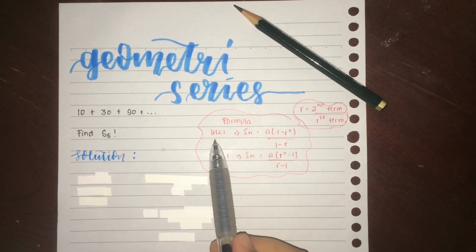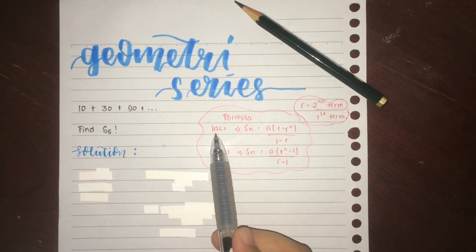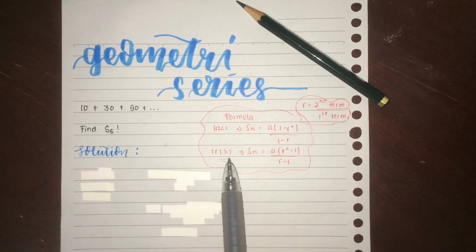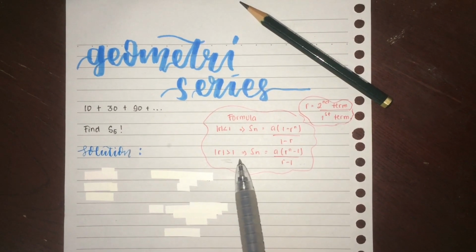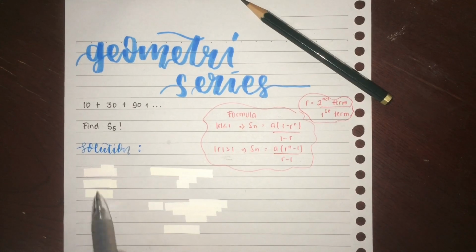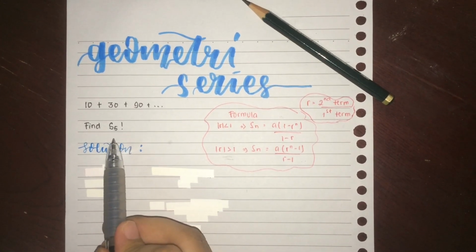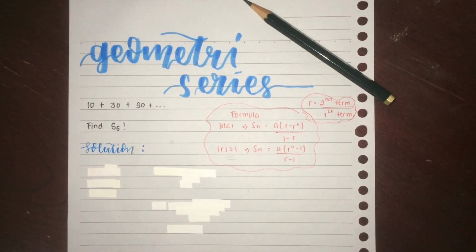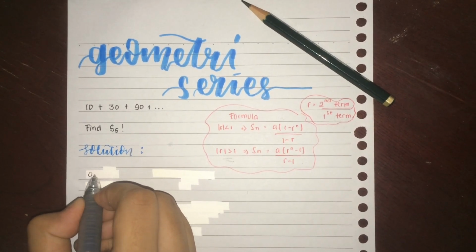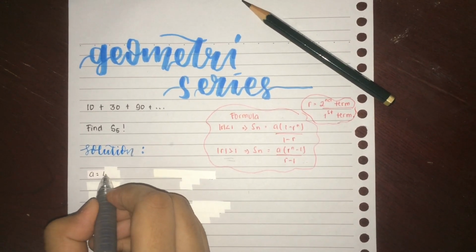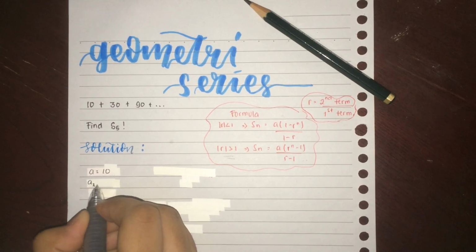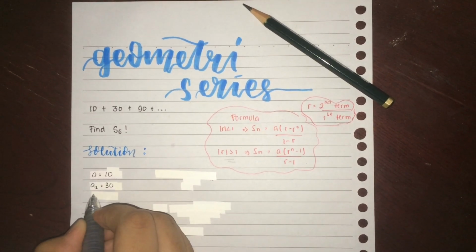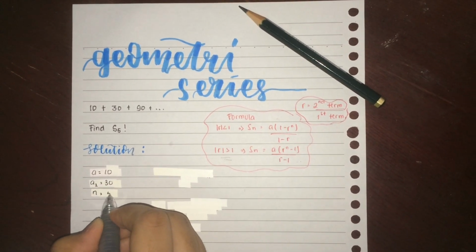And don't forget to remember the formula for when the ratio is less than 1 and when the ratio is greater than 1. Okay, the question is find the sum of the fifth term. And we know that the first term is 10, the second term is 30, and n is 5.